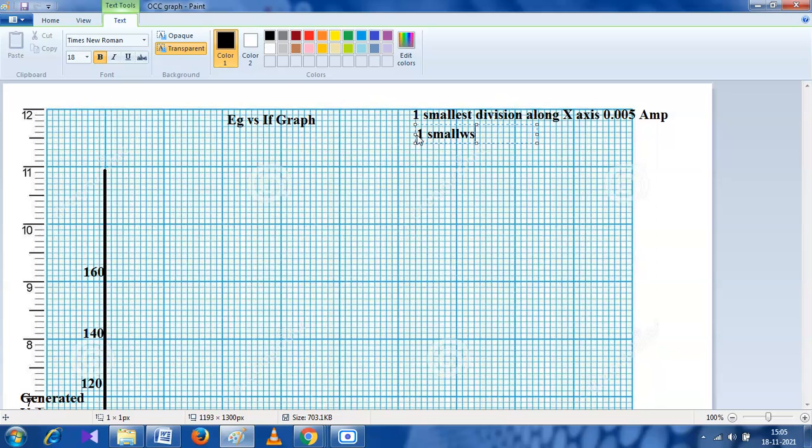Smallest division, what is the value? सर 2, and unit volt.